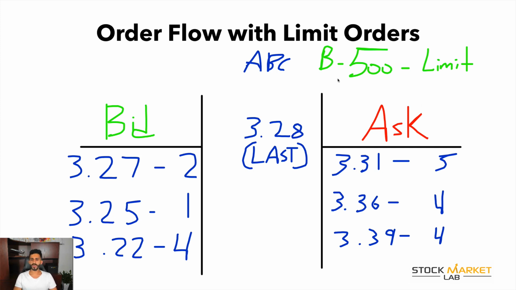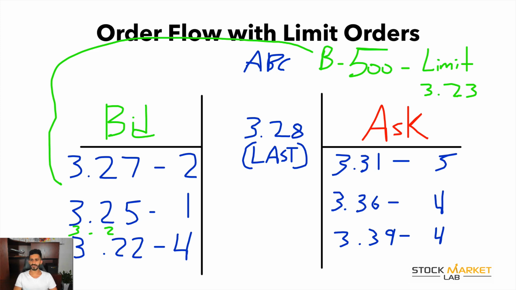So I might say I want to buy 500 shares of the stock at, let's say, $3.23. Now, if I say I want to buy 500 shares of this stock at $3.23, do I get the stock? Do I get filled? Does my order execute right now? No, it does not. What happens is I now go in this point at 3.23, right? And it goes 5. That's how my order goes through.